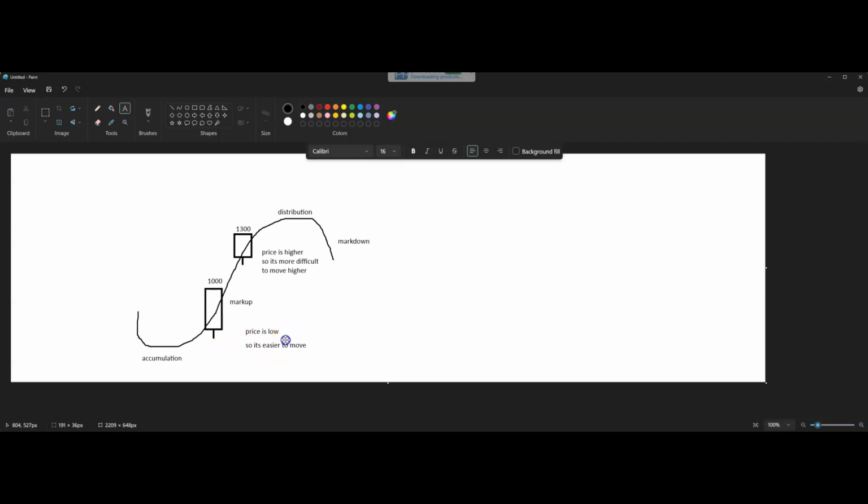I mean, you could say it in different ways, like price is low, so there's more demand. You could say here that price is high, so it's harder. But bottom line here that I'm really trying to express is as price is going up, it takes more effort.